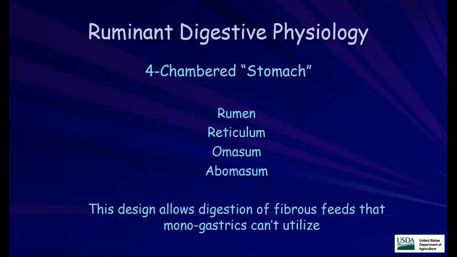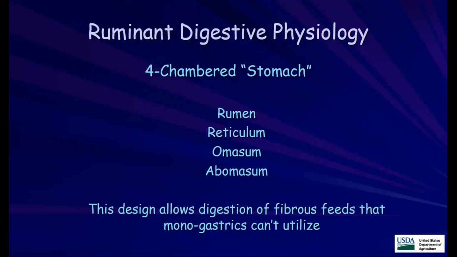So the ruminants have a really interesting digestive system. They have what's called a four-chambered stomach, which includes the rumen, the reticulum, the omasum, and the abomasum. And by having this four-chambered stomach, they can digest feeds that have higher fiber content that monogastrics like us can't utilize.